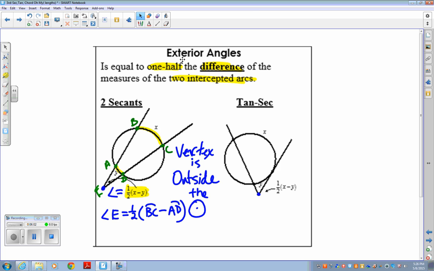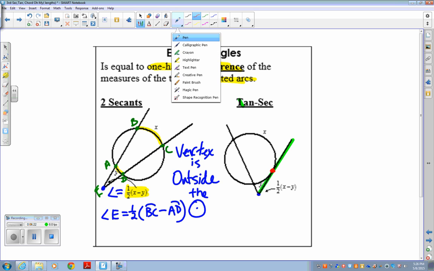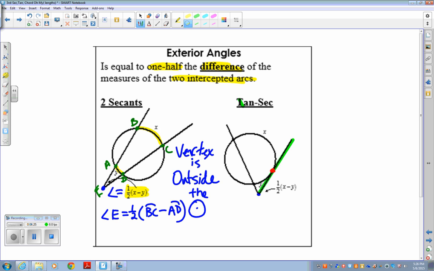Now, I can have an exterior angle formed with a tangent and a secant. Of the two lines that we have here, the tangent is the one that has only one point of intersection. So there is the one point of intersection. And then the secant will have 2 points of intersection.